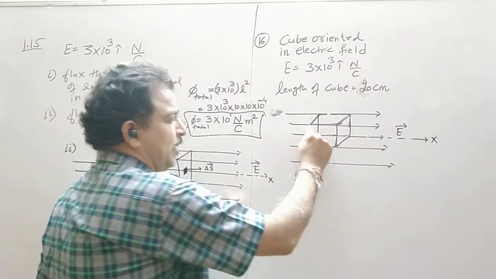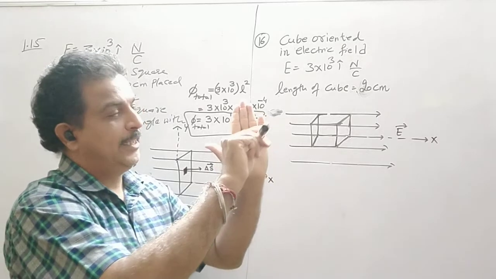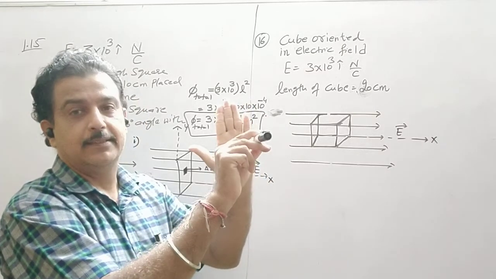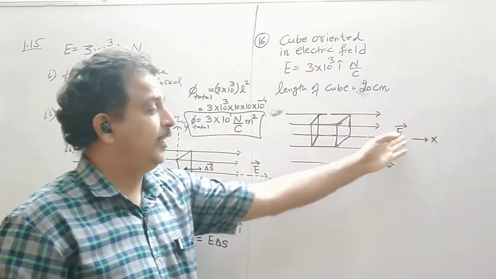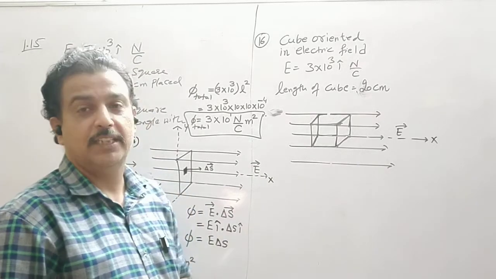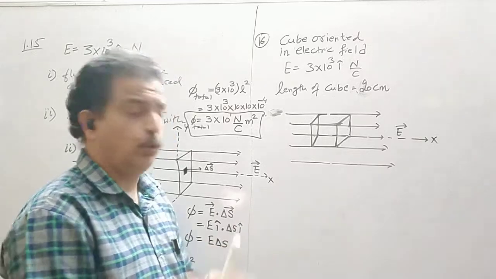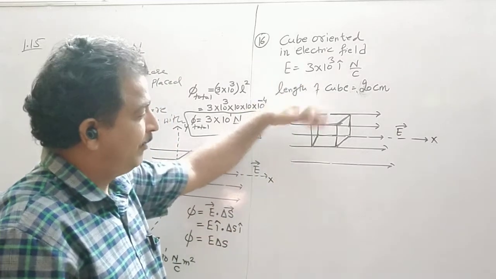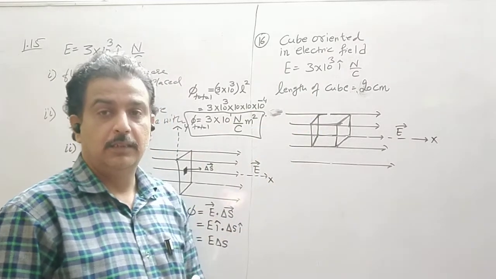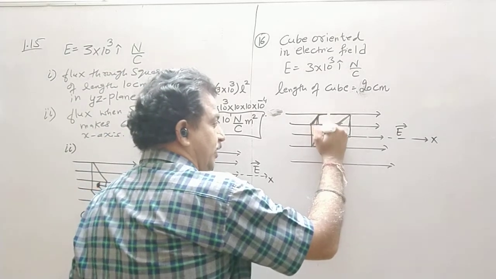Similarly, if I take this front face, the area vector comes out along the z-axis. Again it makes an angle 90 degree with E. So the flux linked with this face will also be 0. Similarly, the face which is at the back. So we have only 2 faces left. One is this face.